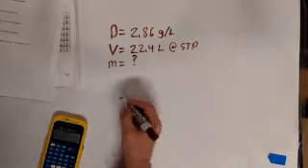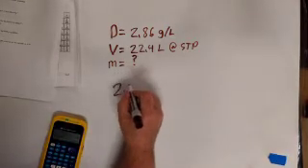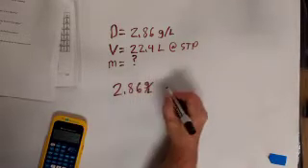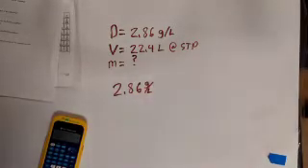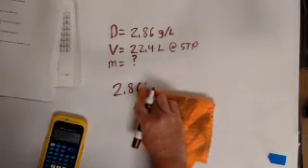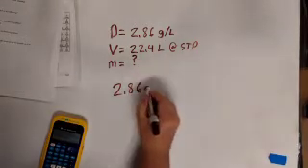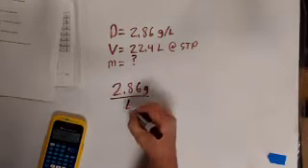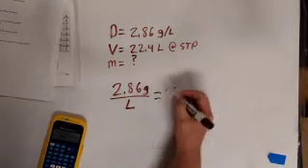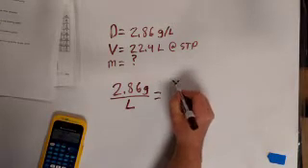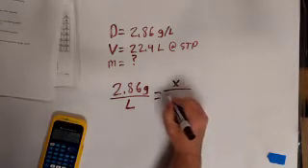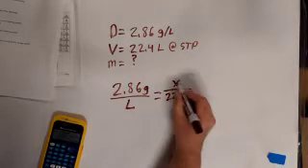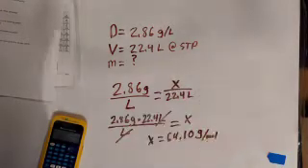So the way I like to do these is I just go ahead and set it up. 2.86 grams per liter. Actually, a better way to do that, you could write it like this. 2.86 grams per liter equals X over 22.4 liters. Okay?